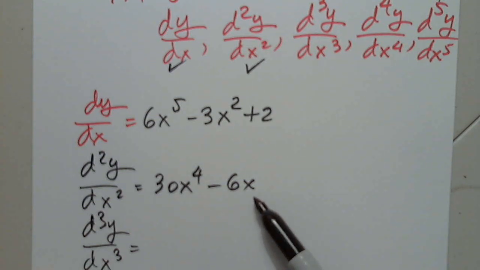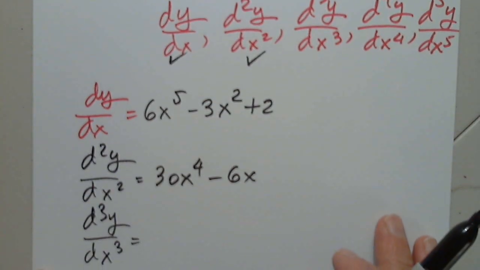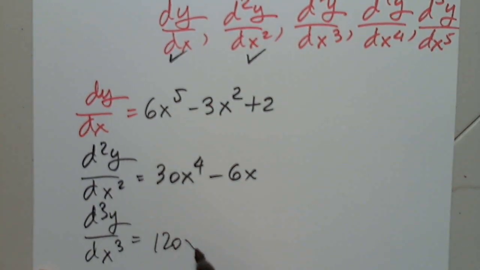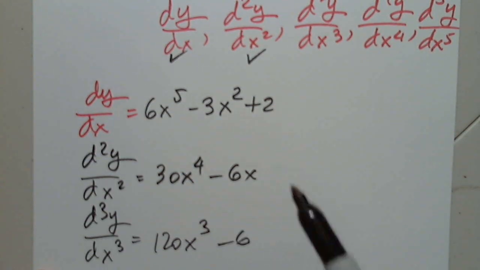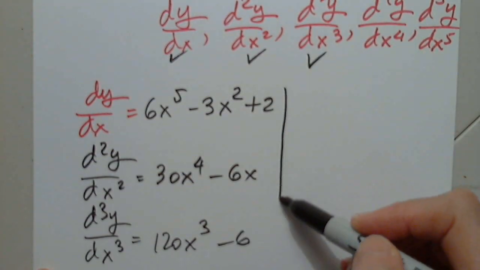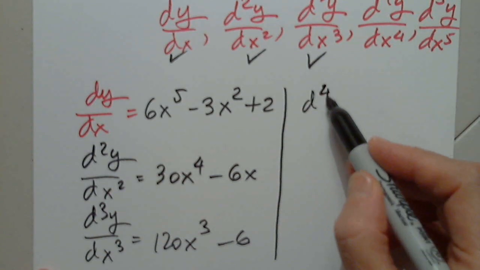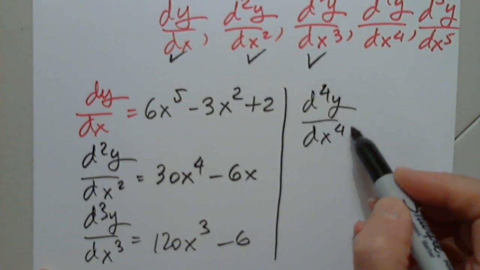Can anyone differentiate this? Next. Please give it a try. 120x to the 3rd minus 6. Awesome. So this is done. Now I want d4y over dx4.